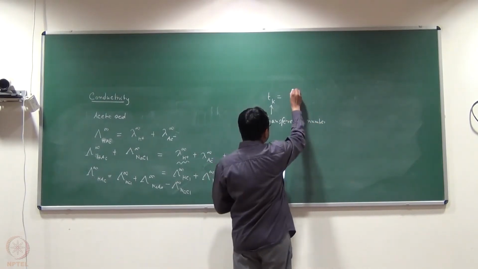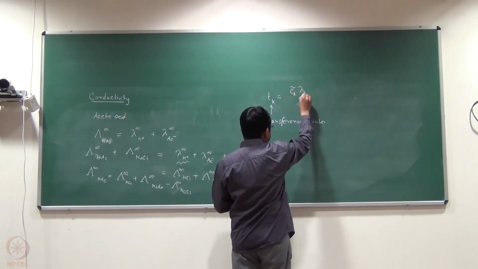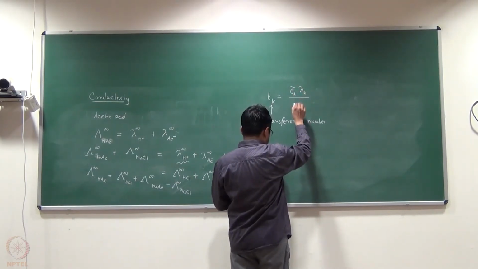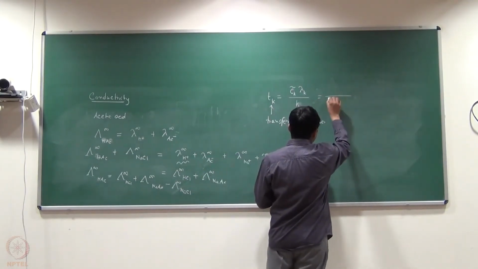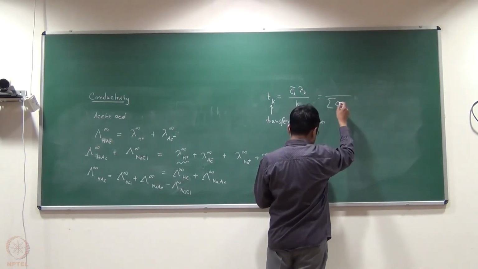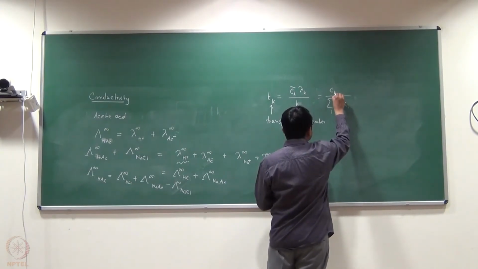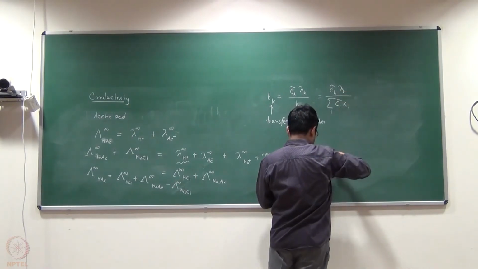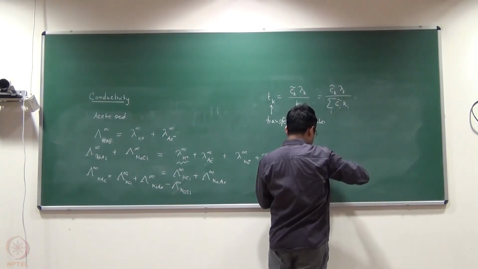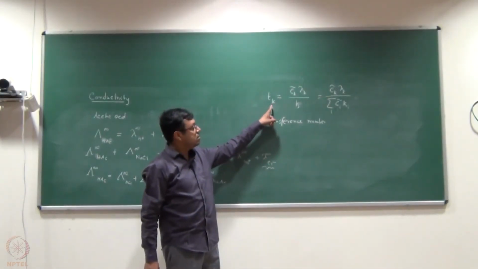This is defined as the conductance contributed by a particular species, say k, divided by kappa total. And kappa we already know is nothing but the sum of C into lambda. This is basically known as the transport number.